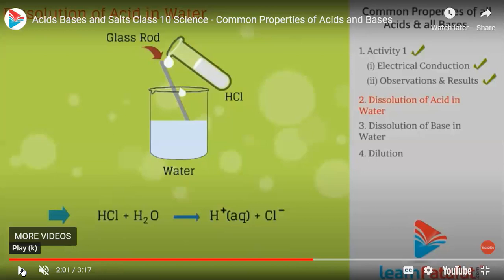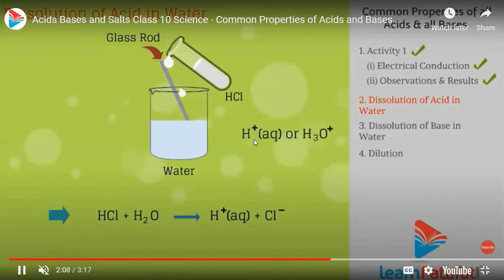So whenever water is added to acid, H+ ions are released and we come to know that the solution is acidic in nature, or the particular gas which is released is acidic in nature. Now you can have a look at it. HCl plus H2O will form H+ and Cl- ions.